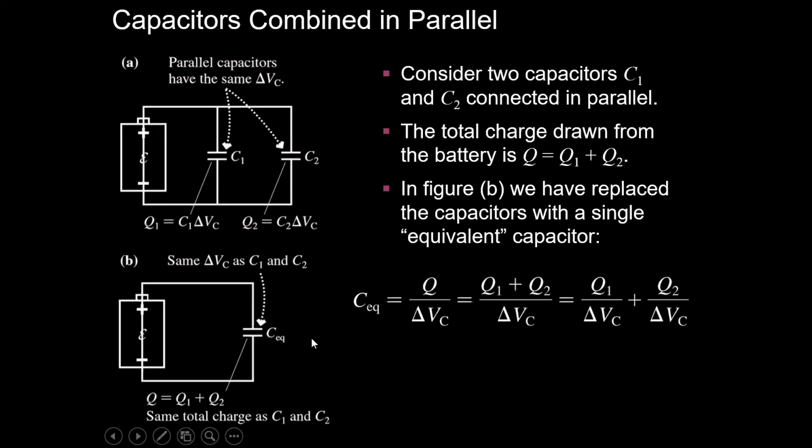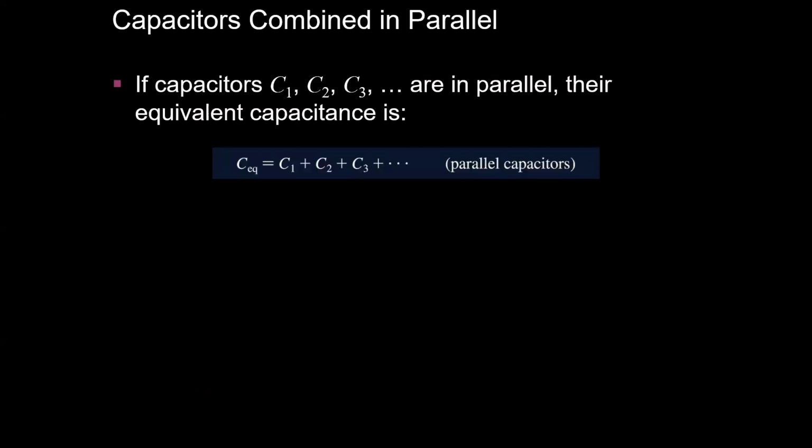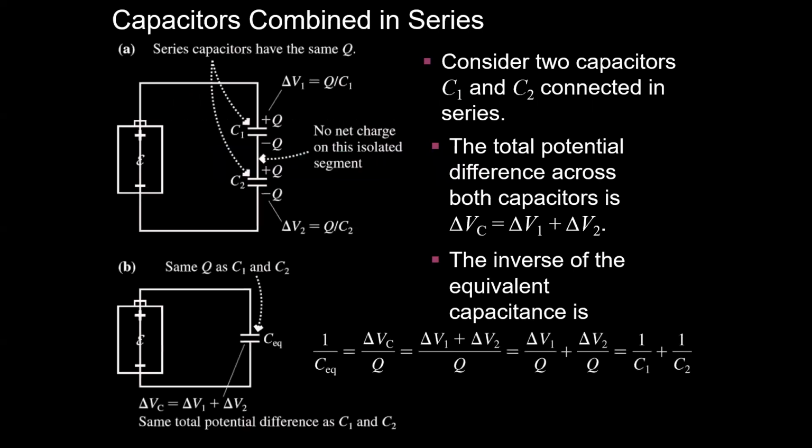And so in that way, we say that the equivalent capacitance between two or more capacitors wired in parallel is just their scalar sum. Capacitance is a number. It's just a scalar, and in fact, it's a non-negative scalar, just like mass. What about when they're wired in series?